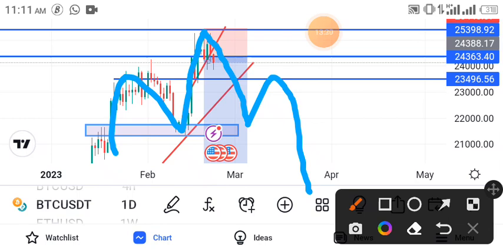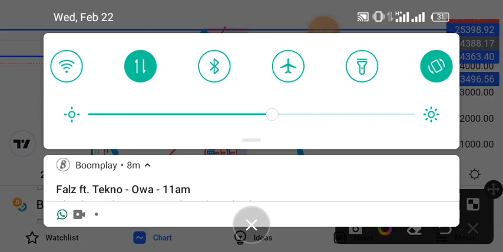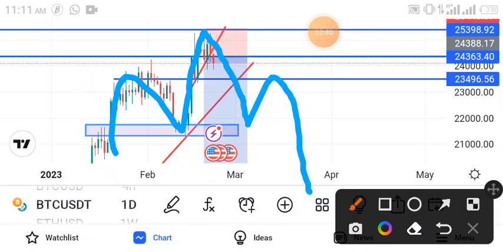Yes, sell and put your stop loss above this zone, this area. Set your stop loss above here, above this area. Wait, let me mark it out so you can see.